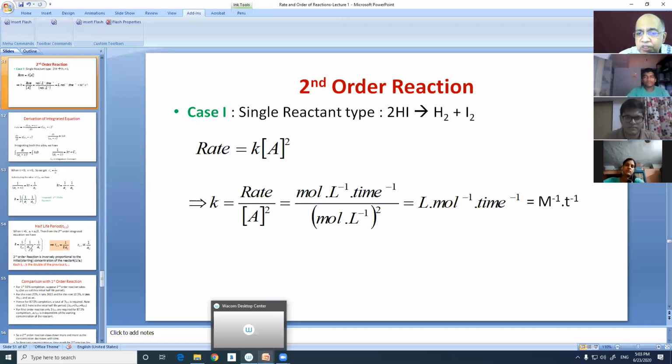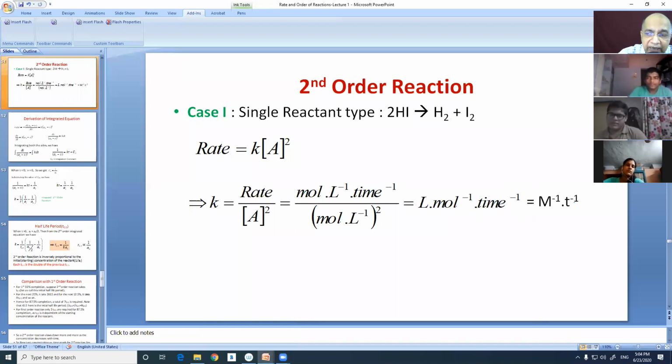In that case, what is the unit of K? K is equal to rate divided by the square of reactant concentration. So this is moles per liter, squared. So one cancels out. Ultimately, the reciprocal of molarity, that is liter mole inverse time inverse. Sometimes, stylishly, we write capital M inverse time inverse.